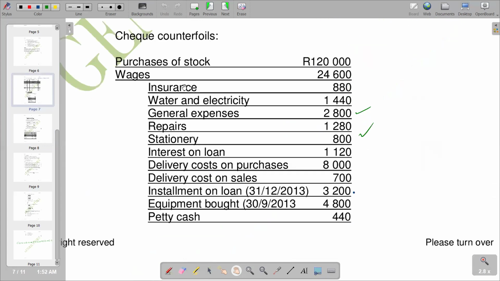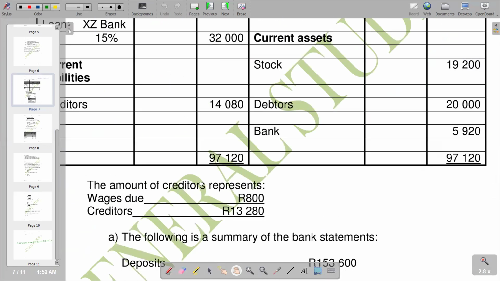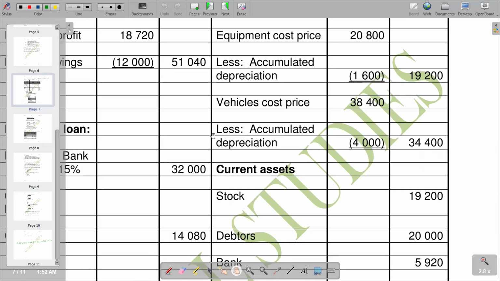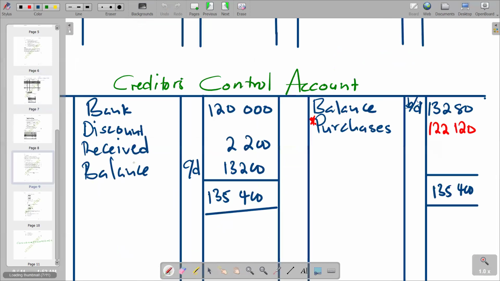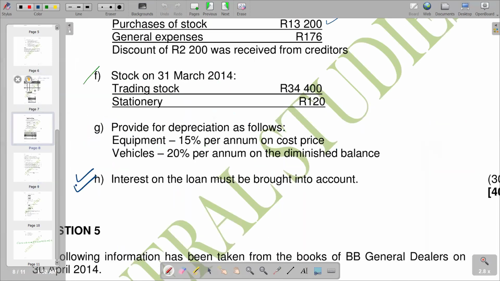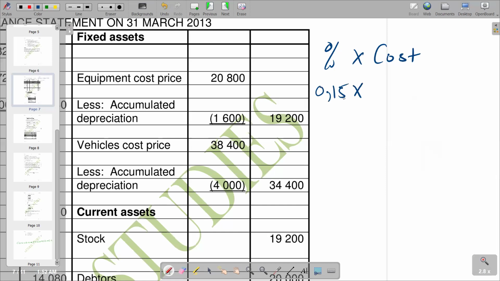So we come here, we are seeing that this is where we have put our fixed assets. So using the cost price method, you're going to say percentage times cost. So this is the formula for using cost. It's given the percentage is 15%, 0.15 as a decimal. You see what we get by calculating it.